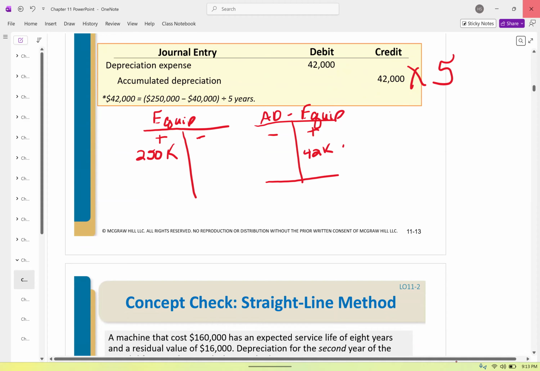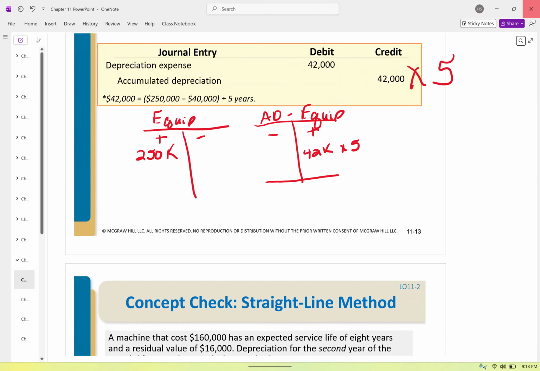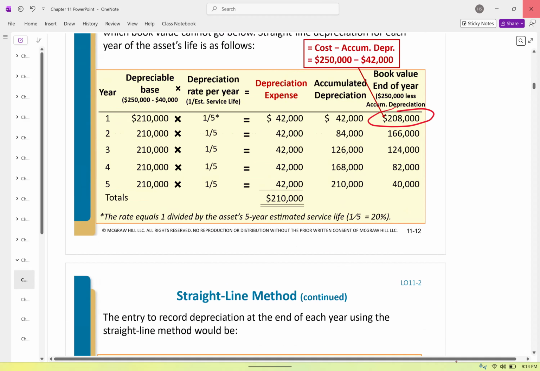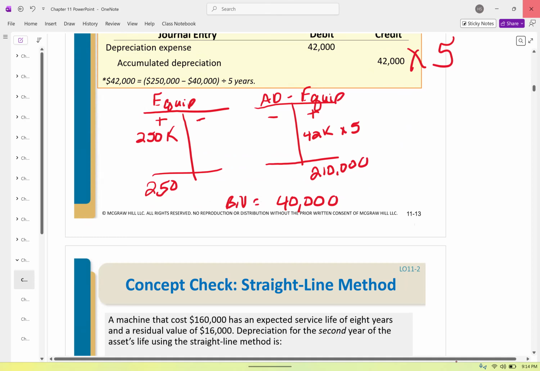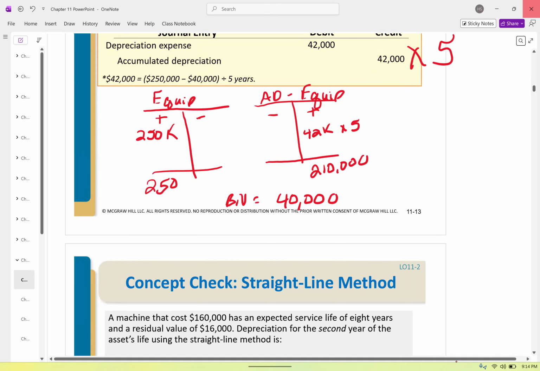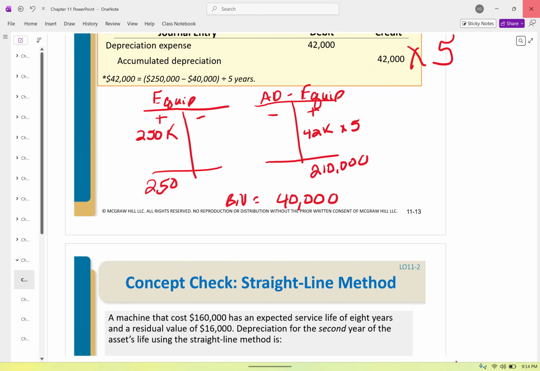So if we multiply that times 5, we would end up with 210,000 in that account. And then we'd have 250 over here, and our book value would be 40,000. Remember, that's our salvage value. We can't depreciate that because we plan on getting that back. So we're not going to depreciate it.